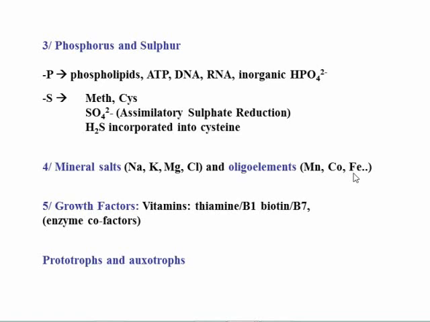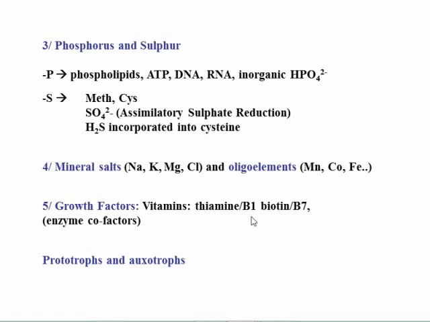Biotin is essential for carbon metabolism, transferring one carbon groups. Thiamine is a cofactor for transferring 2 carbon groups. And these are going to be essential parts of energy metabolism, this kind of carbon transfers. So if bacteria can't produce these vitamins themselves, they'll have to be assimilated from or provided in the growth medium.